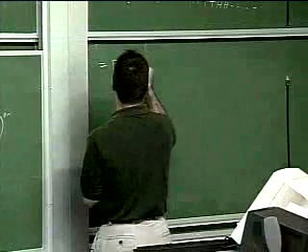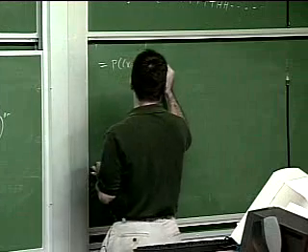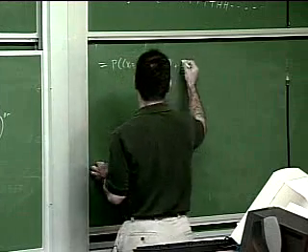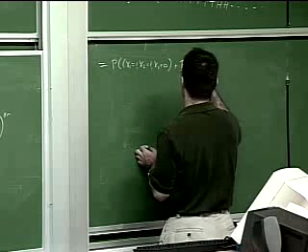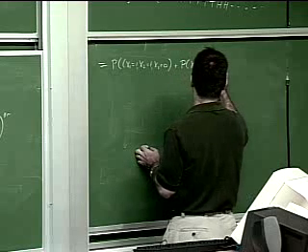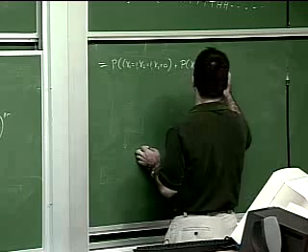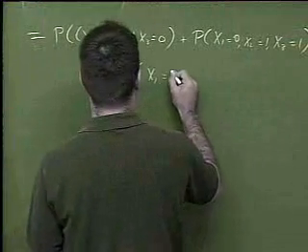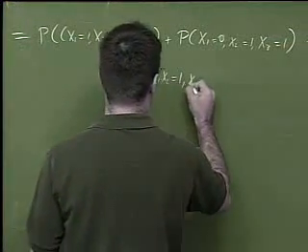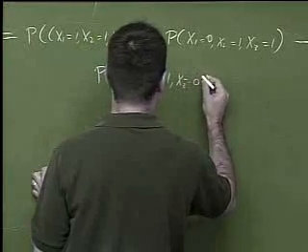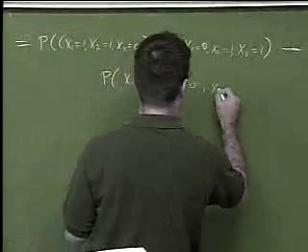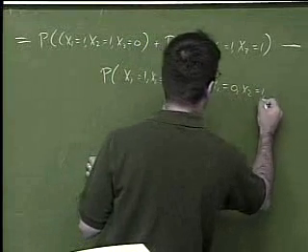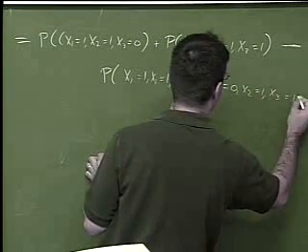Which equals the probability that x1 equals 1, x2 equals 1, x3 equals 0, plus the probability that x1 equals 0, x2 equals 1, x3 equals 1, minus the probability that x1 equals 1, x2 equals 1, x3 equals 0, and x1 equals 0, x2 equals 1, x3 equals 1.